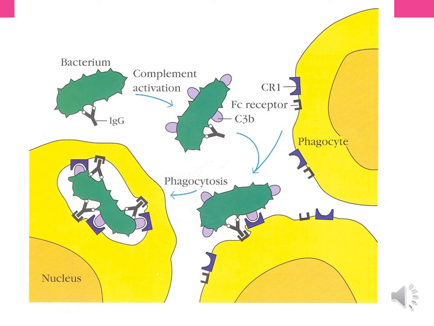So the C3b will attach to bacterial cells, and then a phagocyte like a macrophage or a neutrophil will come by, and they have these CR1 receptors on their cells. The C3b and CR1 will match up. And this is what creates this opsonization, this intense attraction, and then this phagocyte, whether it be a neutrophil or macrophage, will engulf that bacterial cell.